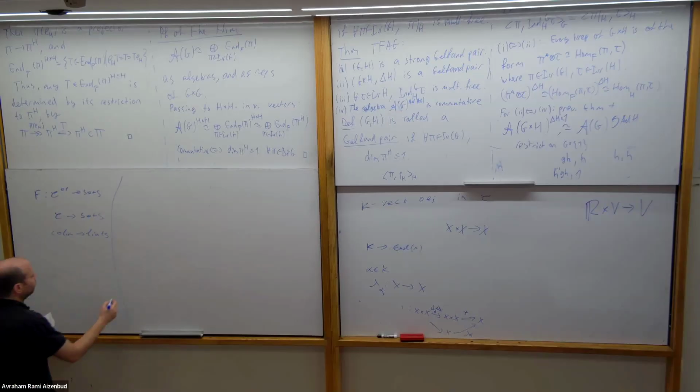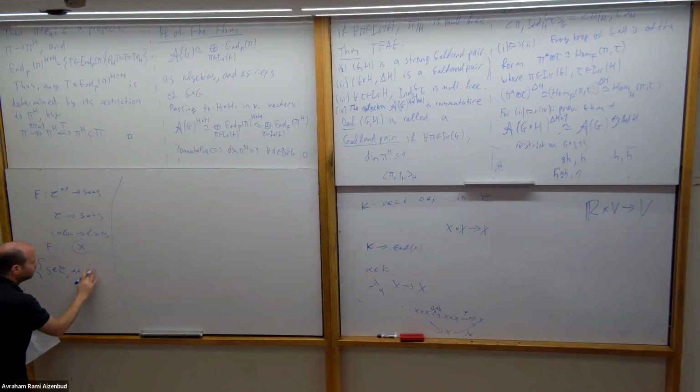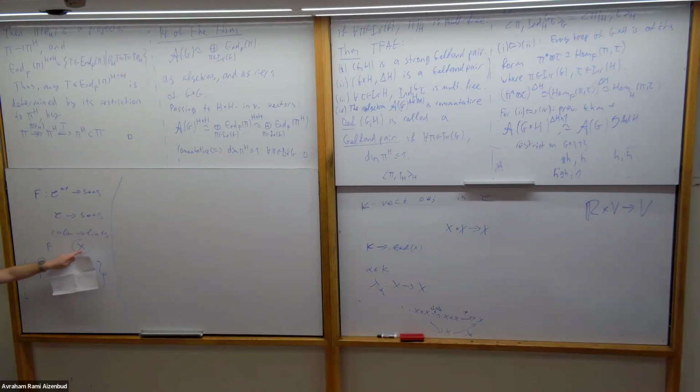Because what does the overcategory mean? It's the category of pairs: S and a morphism from S to X, where X is a wannabe object that represents F. I don't know that it exists, but for a moment I imagine it exists, and then I know what the overcategory of X is.